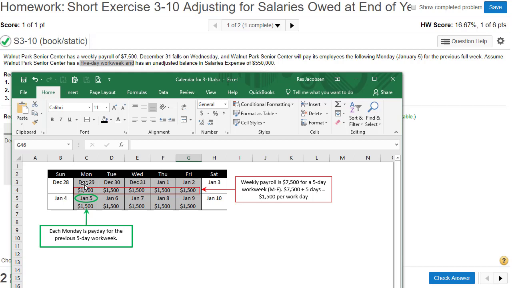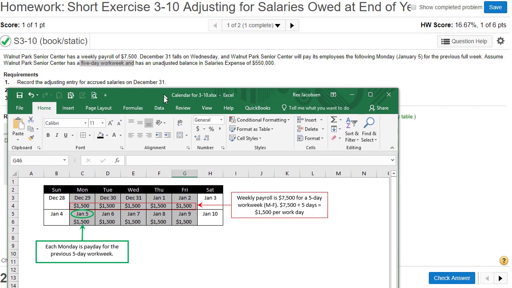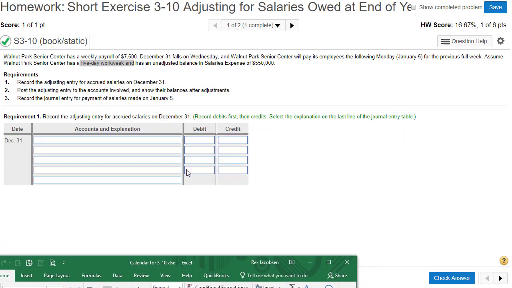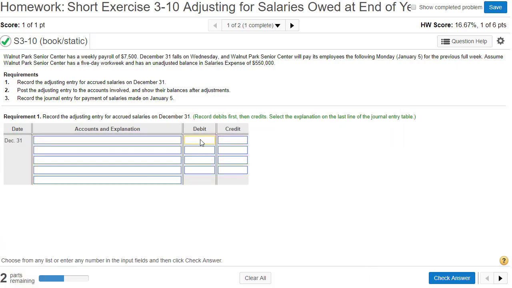So on December 31st, we have to show that the company owes $1,500 plus $1,500 plus $1,500 of salaries to their employees, but they're not going to pay it. So we have to show wages payable or salaries payable, whatever the company has chosen to call it. $1,500 times 3 days is $4,500.